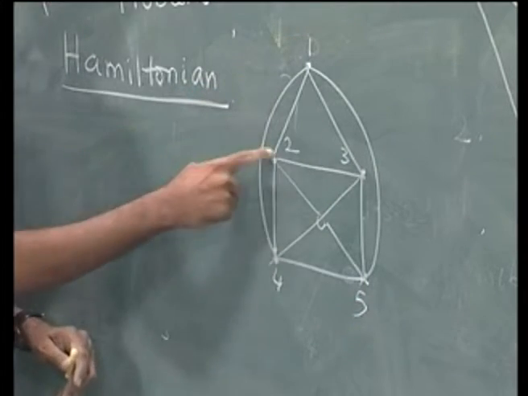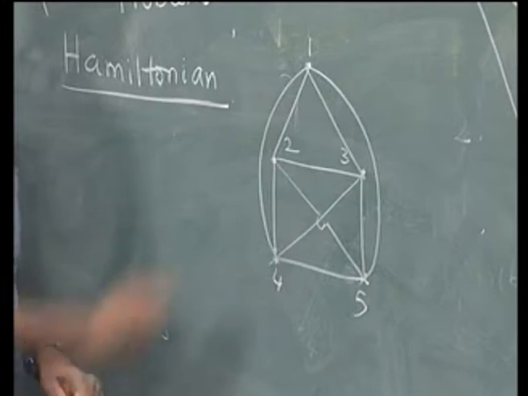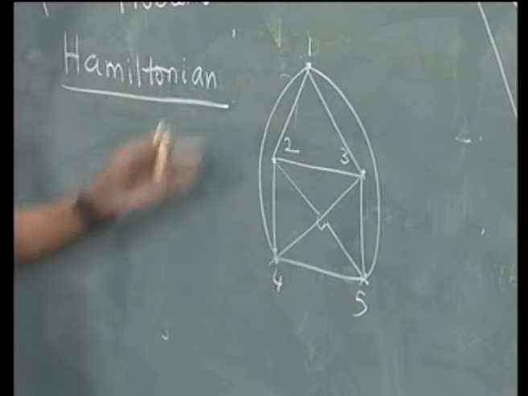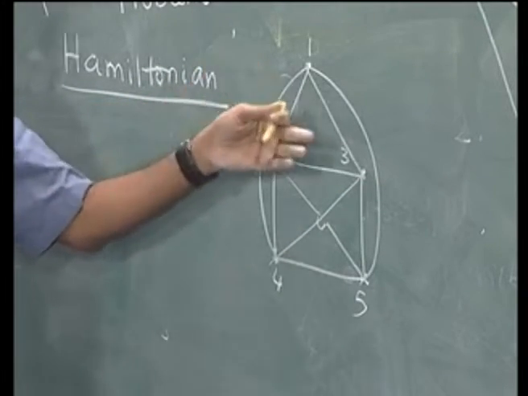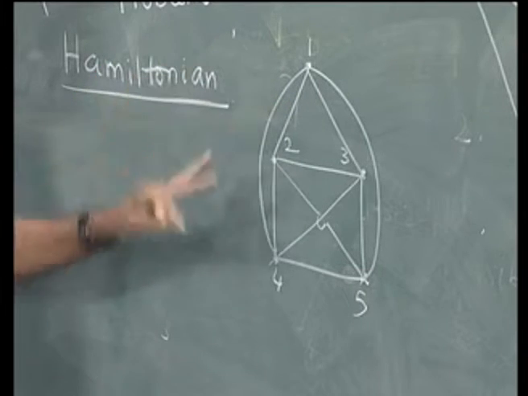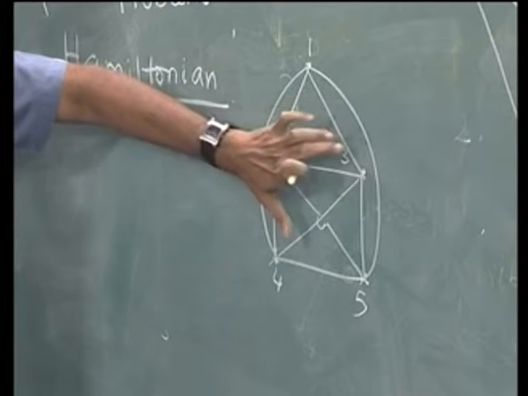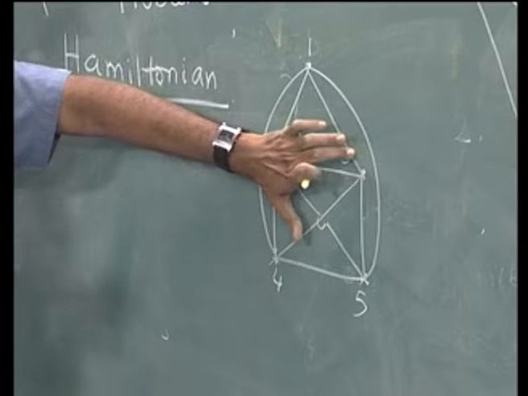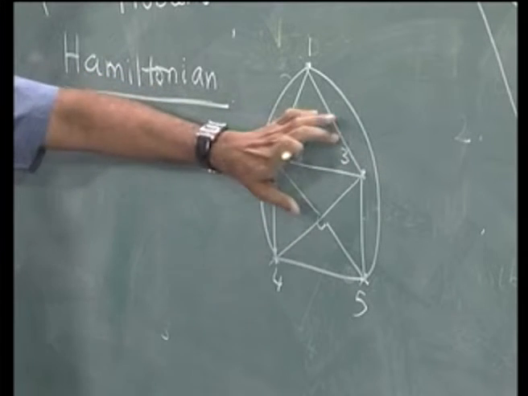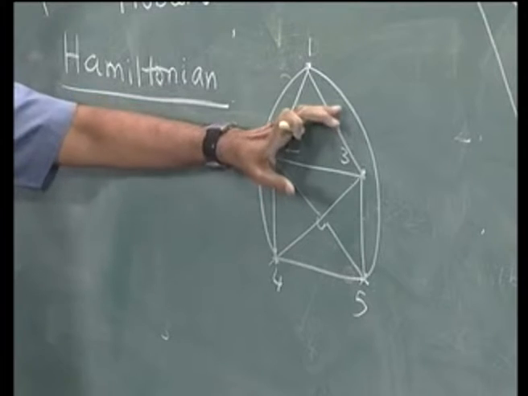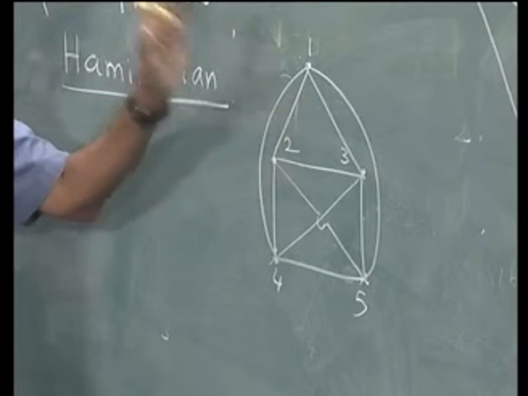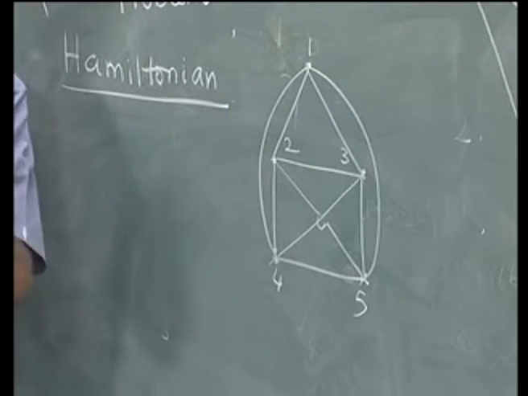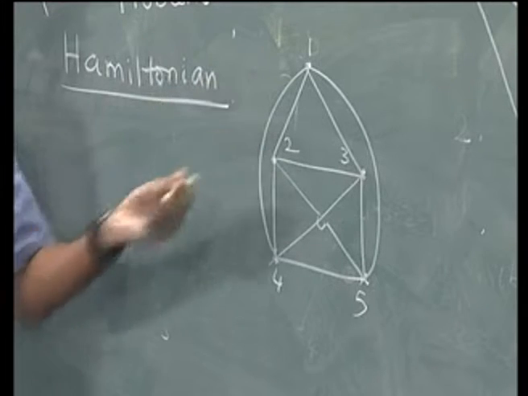You could do 1, 2, 3, 4, 5, 1, you could do any of these n factorial possibilities. So, if somebody is given a graph like this, and if the decision problem is posed whether this graph is Hamiltonian, then the decision problem is easy to answer, because if every vertex is connected to every other vertex, the graph has to be Hamiltonian.